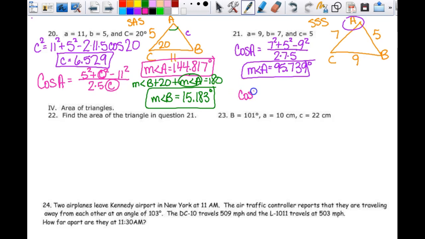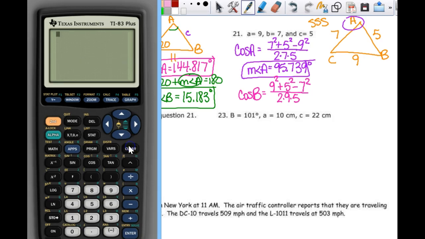So the cosine of B is equal to, all right, so if this is B, these first two have to be A and C. So A squared plus C squared minus B squared over 2 times A times C. Go to my calculator, and I've got my parentheses. So I have 9 squared plus 5 squared minus 7 squared divided by 2 times 9 times 5.